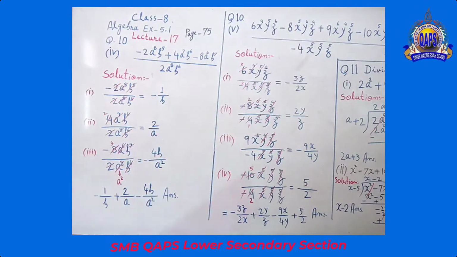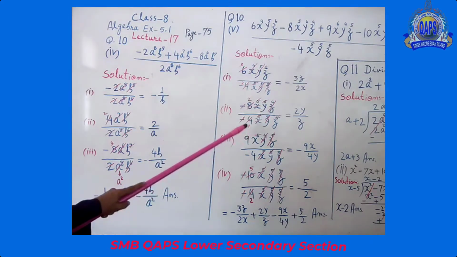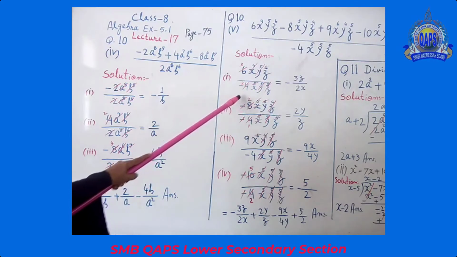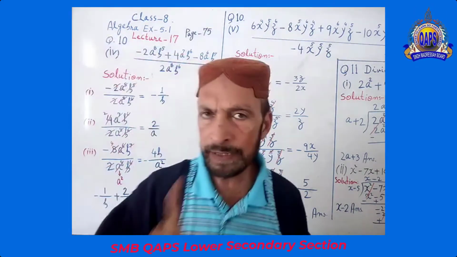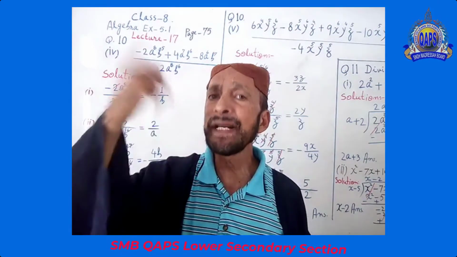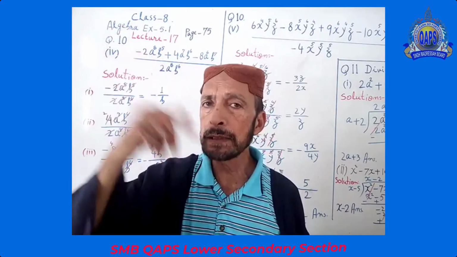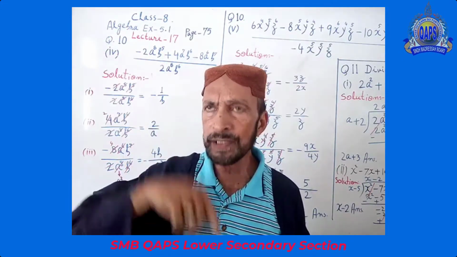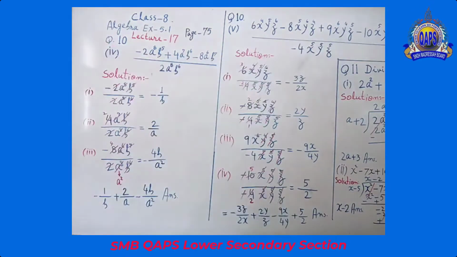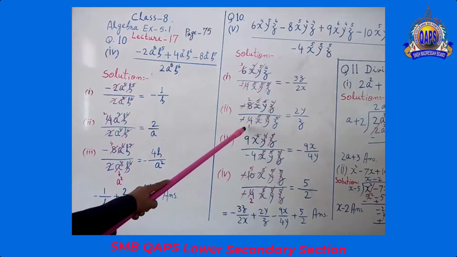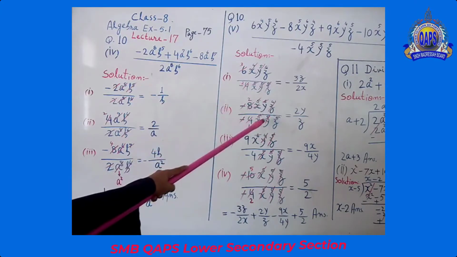So you better check it. 4 ones are 4, 4 twos are 8. Minus cancelled. You see what I am saying? Minus upper part, minus lower part, minus cancelled. 4 ones are 4, 4 twos are 8.